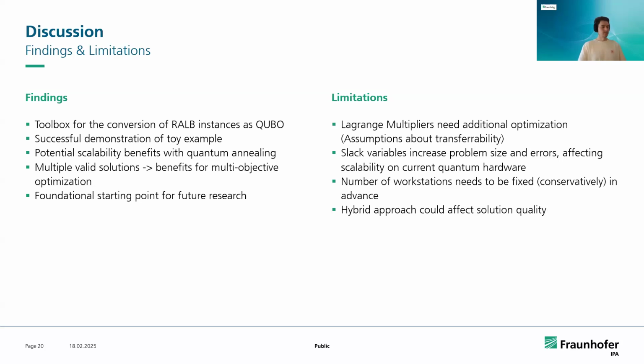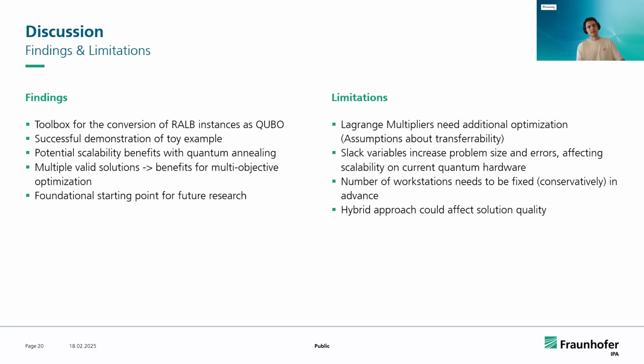And we see our work as a foundational starting point for future research. If quantum hardware improves, researchers in the field of manufacturing can look at this work and try to solve their respective problems with our approach.